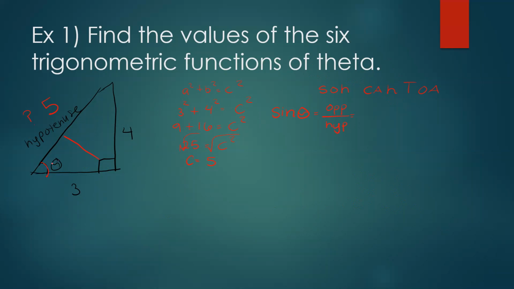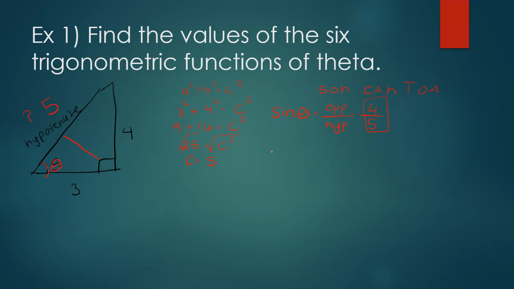Our theta is right here, right? It would be different if our theta were right here. So you have to first figure out where theta is. That's very important. Then, can you tell me where the opposite side is? This 3 is not the opposite side. This is the adjacent side. So the opposite side would be 4. And then over the hypotenuse, where's the hypotenuse? It's 5, right? So that's why sine theta is 4/5.